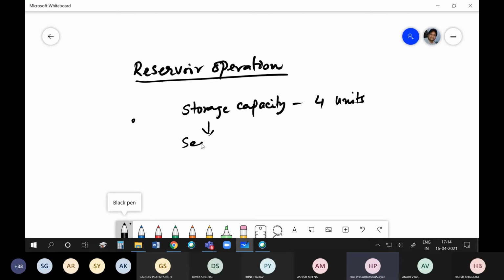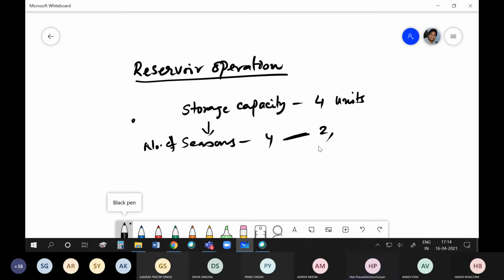In these 4 seasons there is a certain inflow coming into the reservoir. Let the inflow in the first season be 2 units.